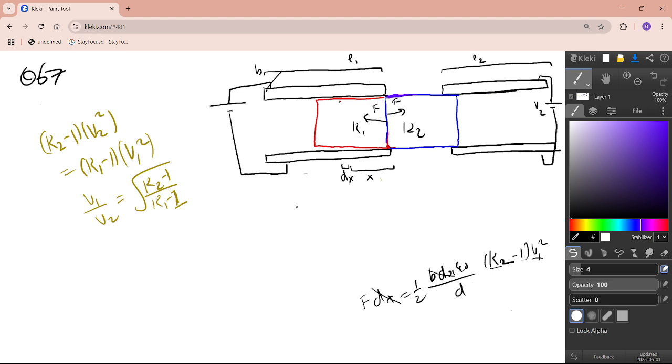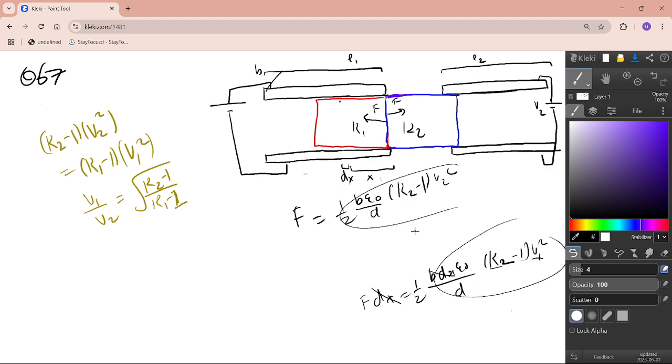Otherwise, here of course it's just being subtracted. So here also it's the same, half B epsilon naught by d, (K2 minus 1) V2 square, and we'll add, and this is basically the same thing. Except V1 and V2, so V1 square by V2 square is 1 in that case.